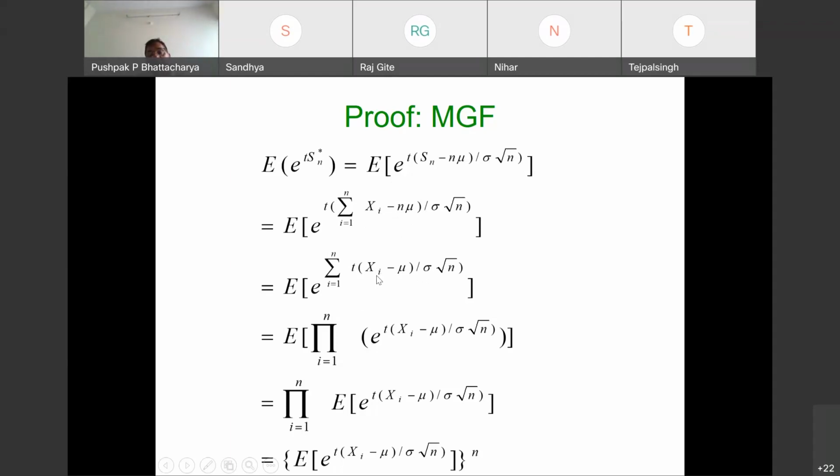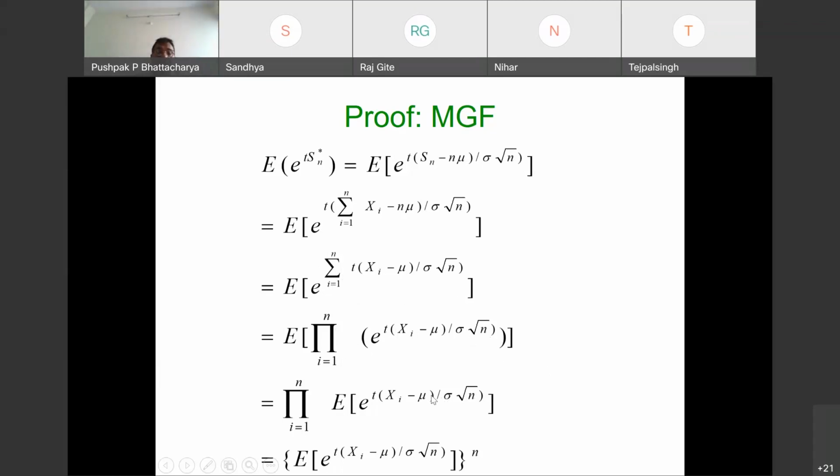Now these are x1 up to xn minus mu, each of them multiplied by t. t is the same, mu is the same, sigma root n is also the same. Only xi differs: x1, x2, x3 up to xn. So I can take this summation and convert it into a product. e to the power a plus b is e to the power a into e to the power b. So the product over i equal to 1 to n of e to the power t times xi minus mu over sigma root n.